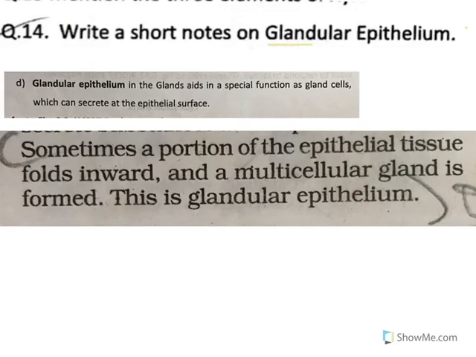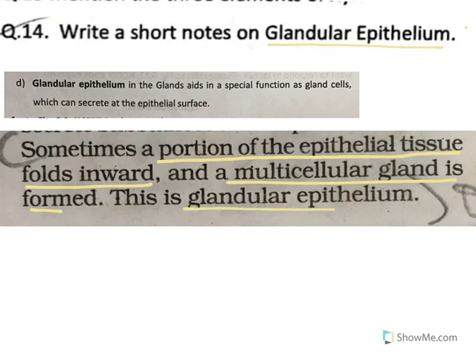Write a short note on glandular epithelium. Glandular epithelium in the glands aids a special function as gland cells, which can secrete at the epithelial surface. This is not so important, but this is what is in your textbook. A portion of the epithelial tissue folds inwards and a multicellular gland is formed.